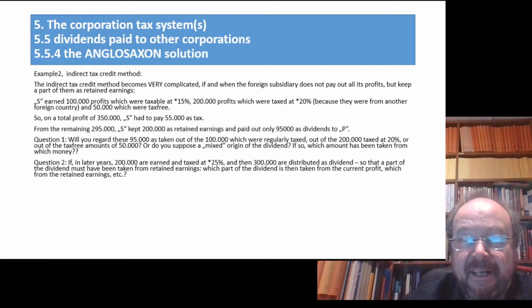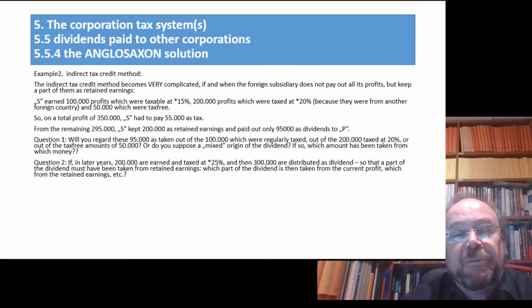They are now taxed after a tax increase in the local tax area at 25%, so a rate which we never had before, and then they distribute 300,000 as dividend. Why 300,000? Well, you can distribute not only the current profit, but also you can dissolve some, or you can distribute some retained earnings.